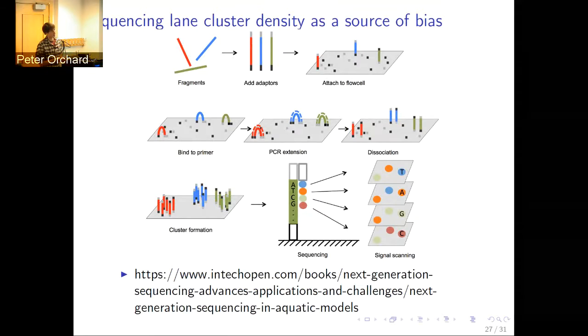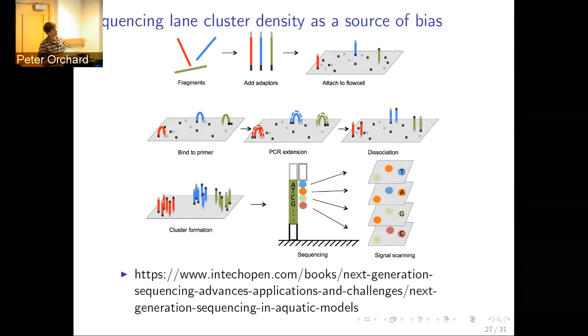And the way that this is done is you have your molecules actually bend over. It's called bridge amplification. The molecules make this bridge, and then you have amplification, and you get another copy, and you just repeat this procedure again and again.